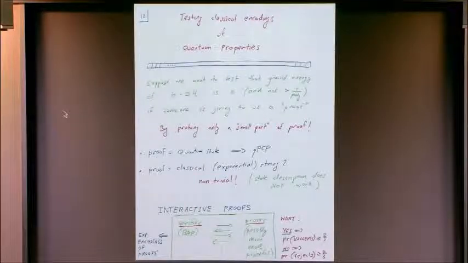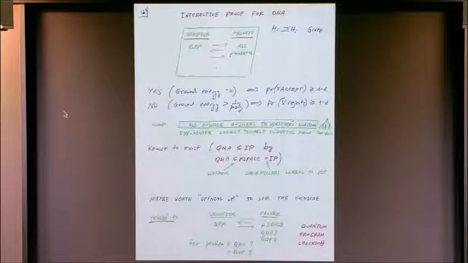And it turns out that if you have such an interactive proof for this property, that if the ground energy is 0, then you accept, and if the ground energy is large, then you reject, you could actually translate it to a string of exponential length by basically writing down all possible answers of the prover, all possible interactions.